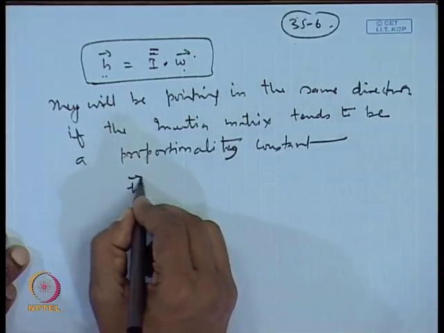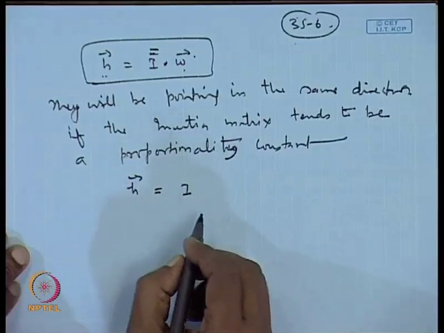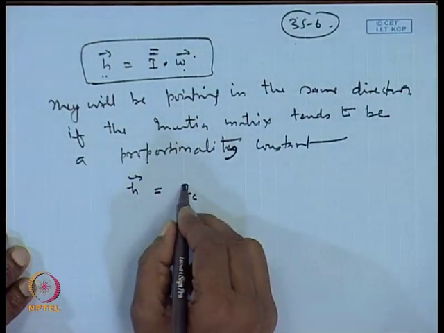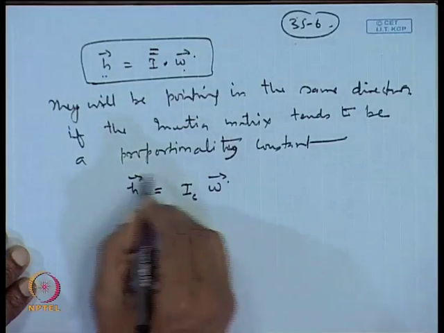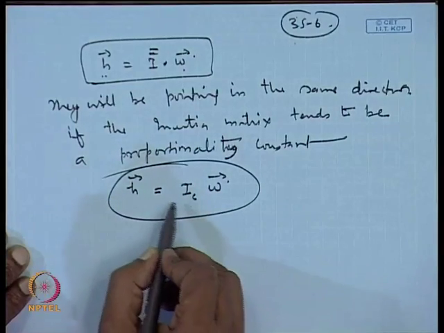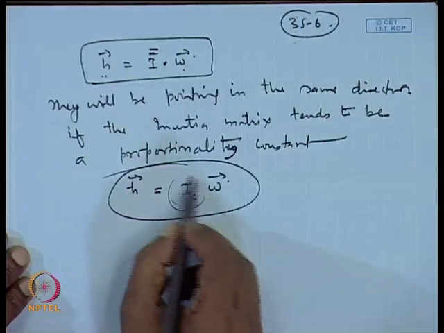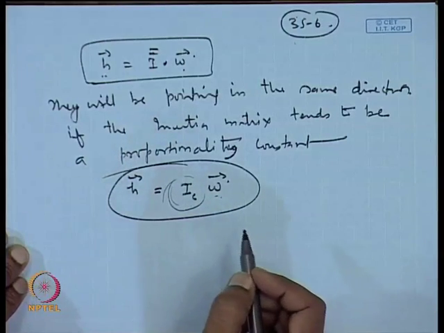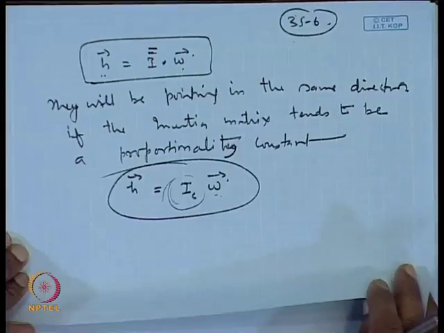In that case you can write H is equal to some I c, which indicates a constant, times omega. So, in this case you can see that this just appears as a proportionality constant, and therefore the H vector and the omega vector are pointing in the same direction.